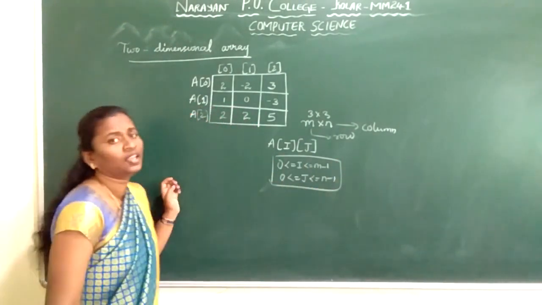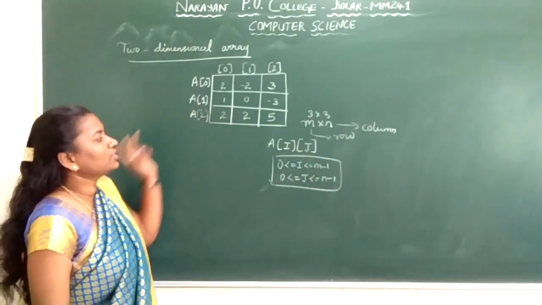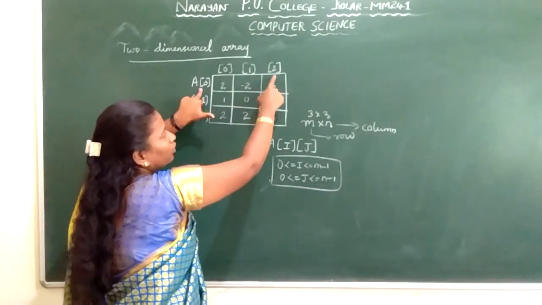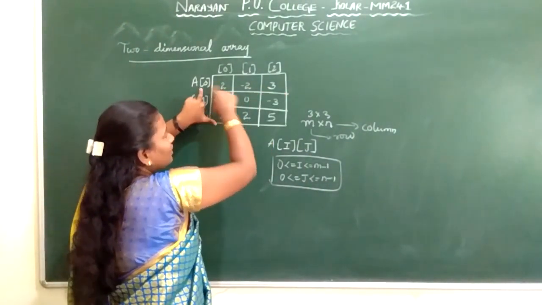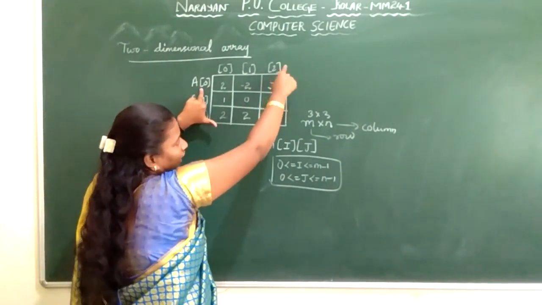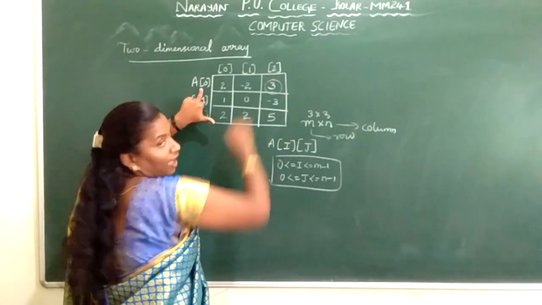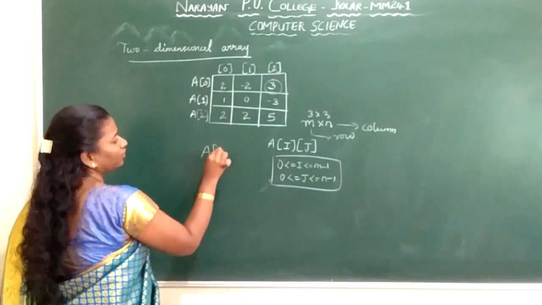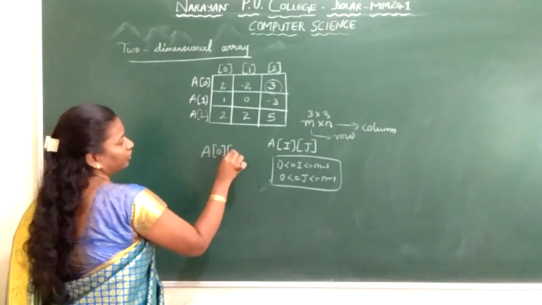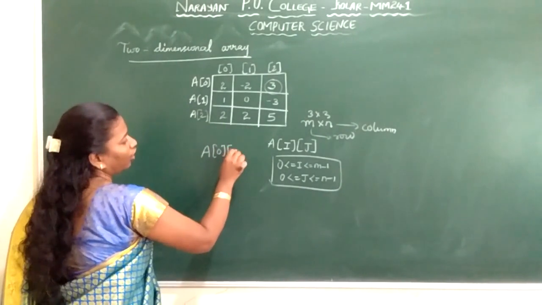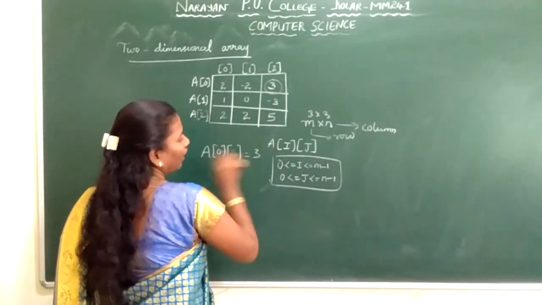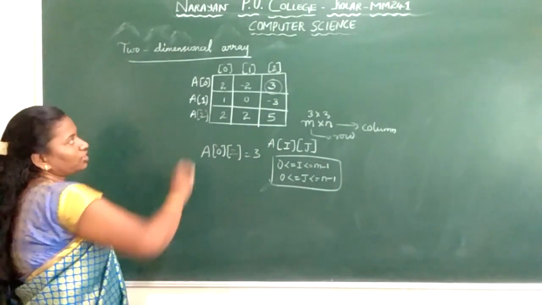The ith row and jth column can be identified by using the two indices i and j. For example, if I want to find out what is in A of 0, 2, in the 0th row and the second column, what element do I have? I have element 3.